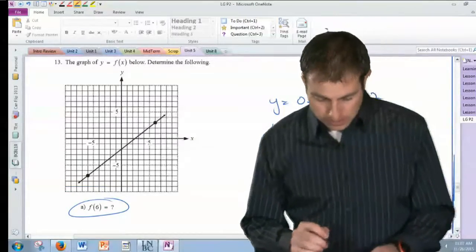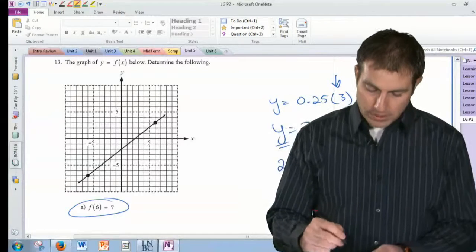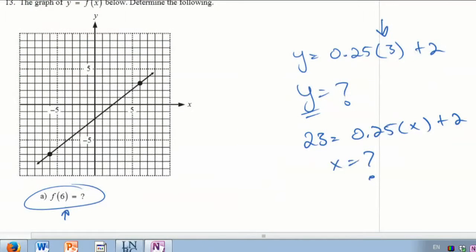So f of 6 is equal to what? What does this mean? Well, if we look at number 13 up here at the top, it says y is equal to f of x. So y is f of x. So what this means is, what does y equal when x is 6?